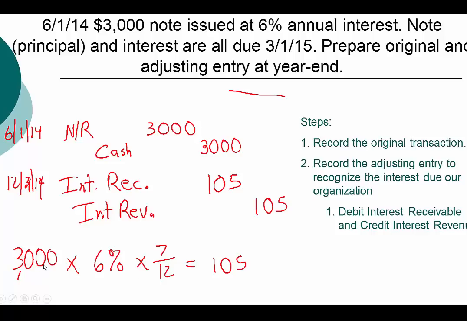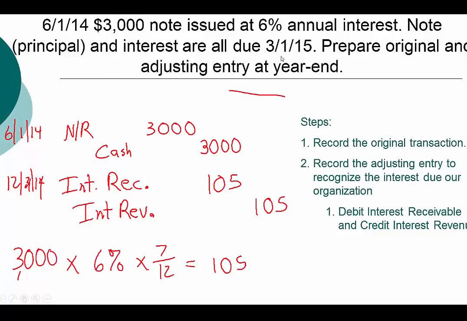So 3,000 principal, 6% annualized interest rate, 7 months because we include June. So from 6/1 through 12/31, you have 7 months through the end of the year divided by 12 gives us $105 in interest that we should have received but did not because we're going to receive it at maturity.